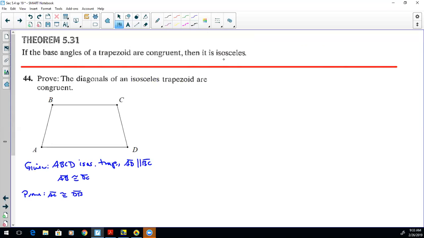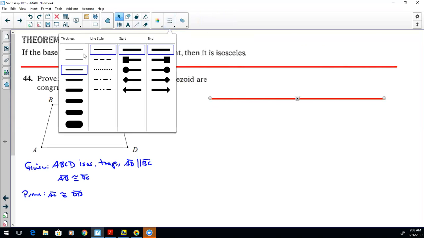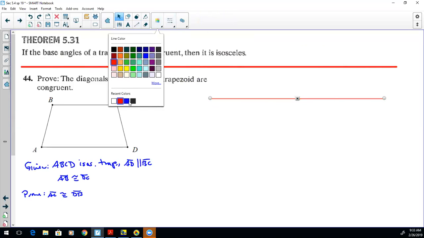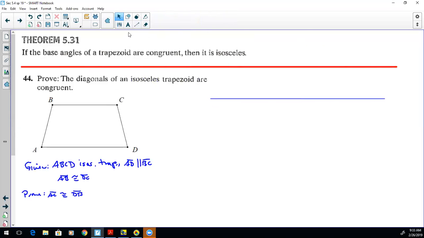Okay, so we have our statement and reason. This is pretty straightforward. I'm not even going to copy this down.